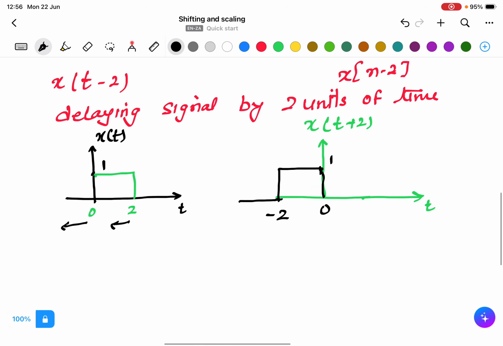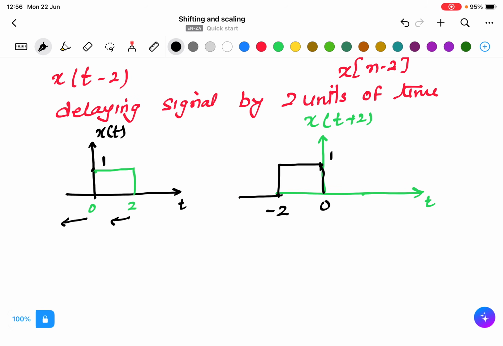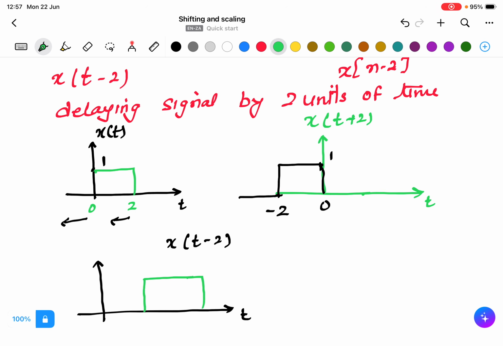Now if I do a delay, if I do the calculation with respect to the delayed signal, that means I am saying x(t-2). This signal will now be shifted to the positive hand side, starting from 2 and going up to 4.